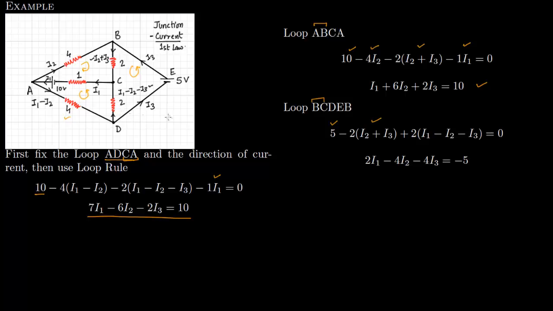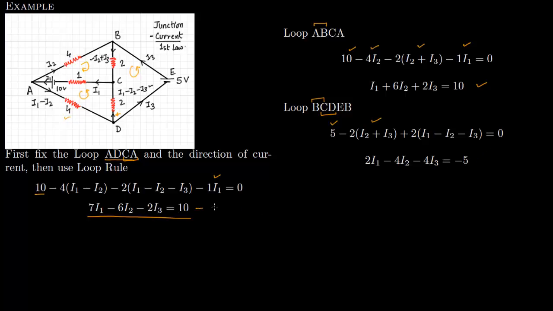Now we are in the part CD. In the part CD, the loop is going from C to D, but the current is flowing in the opposite direction, the arrow is in the opposite direction. Therefore, you have to put a plus sign in front of it. So now you have plus 2(I1 minus I2 minus I3), and this is equal to 0. You rearrange this and you get 2 I1 minus 4 I2 minus 4 I3 is equal to minus 5.